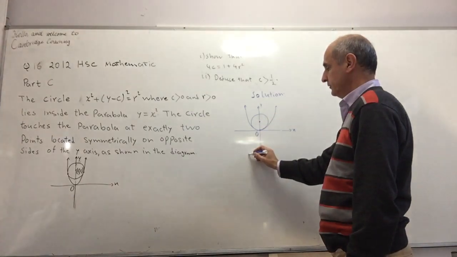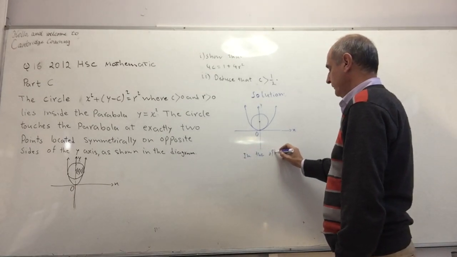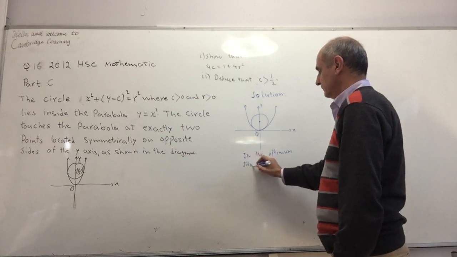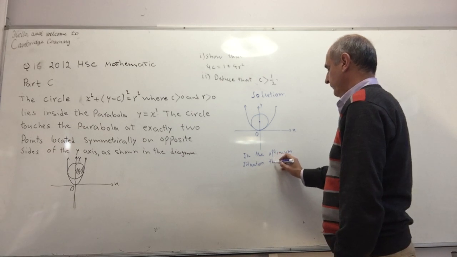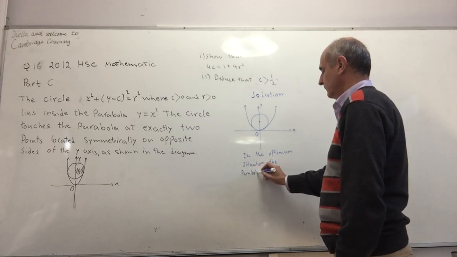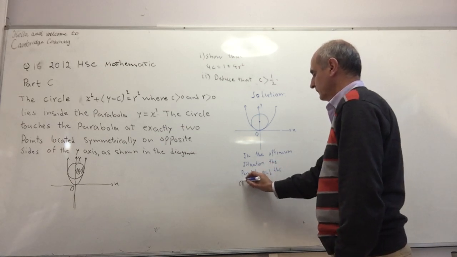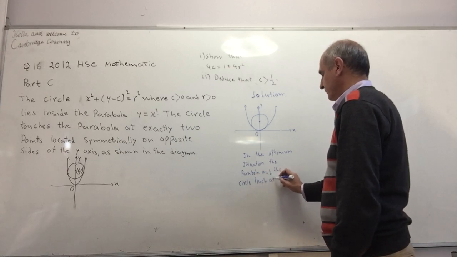So in the optimum situation, the parabola and the circle touch at the origin.